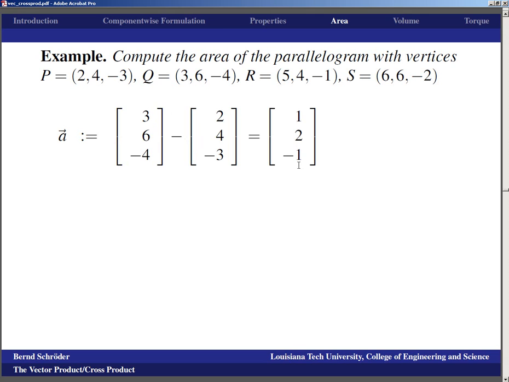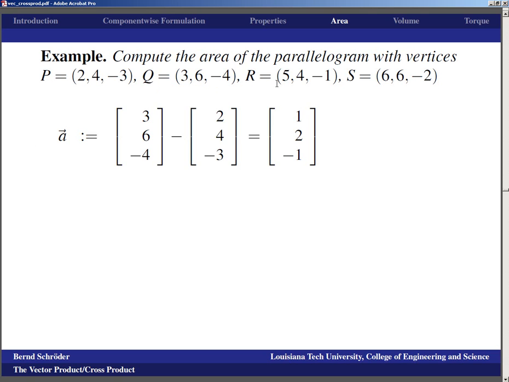And then, well, what we also needed was the vector B. And here's where I'm technically shadowboxing with you. You want to see the picture of the parallelogram in your mind. The picture said that the two vectors A and B had to start at the same point. So we have to use P as a pivot point again.